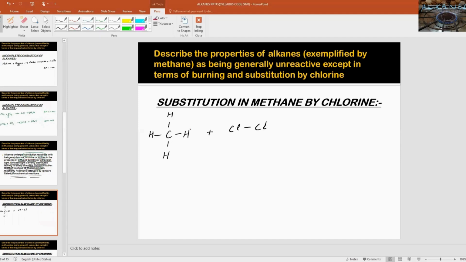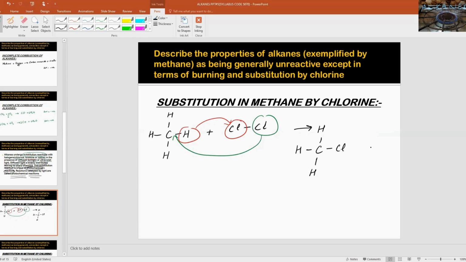This chlorine will take this hydrogen, and this chlorine will make a bond with this carbon. So we will get chloromethane plus hydrogen chloride. Let me write their names. It's chloromethane. And this one is hydrogen chloride.